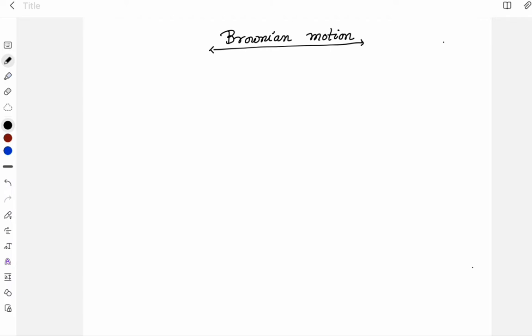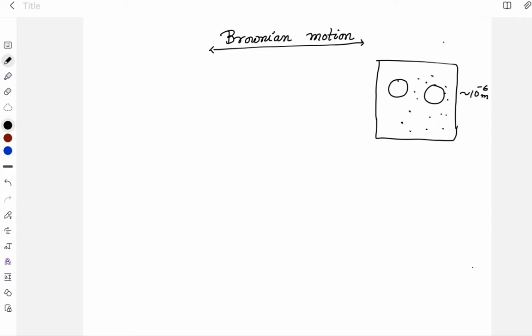But in this case we will discuss what if there are some bigger particles, of the order of micron size, in the fluid or in the nanometer size particles. So these are some bigger particles inside the gas or inside the nanometer size particles.